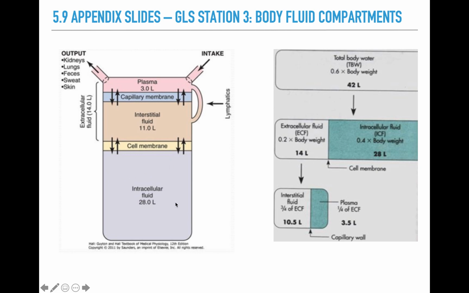So potassium is high inside, but low outside the cells, whereas sodium is high in the plasma and low inside the cells. So the sodium-potassium ATPase pump keeps normal saline within these two compartments.